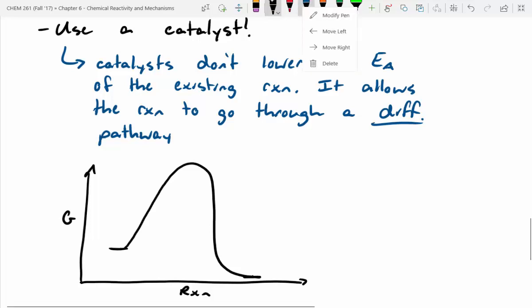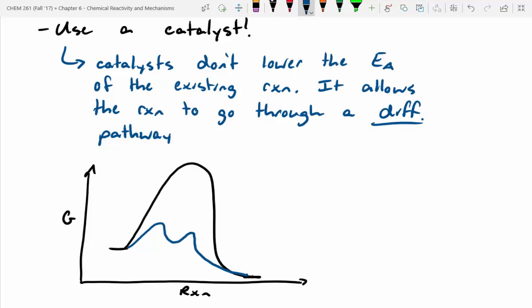What a catalyst will do is say, let's not go along that black pathway, let's blaze our own trail. And maybe I'm going to do something like that. I'm going to go through a couple different intermediates or transition states for this one. So what would the activation energy be for that blue line? We could say, well, maybe it's this hump, or maybe it's this hump over here to the right.